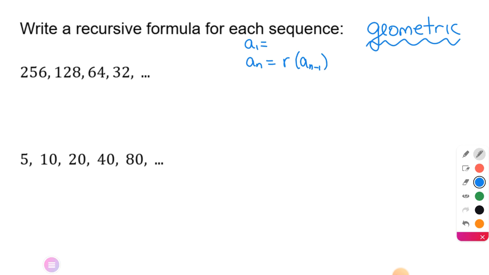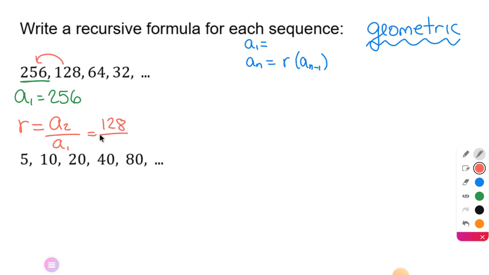So the two things we need are the first term. Well, my first term is 256. And then I need the ratio. To find the ratio, I do the second term divided by the first term. So 128 divided by 256.